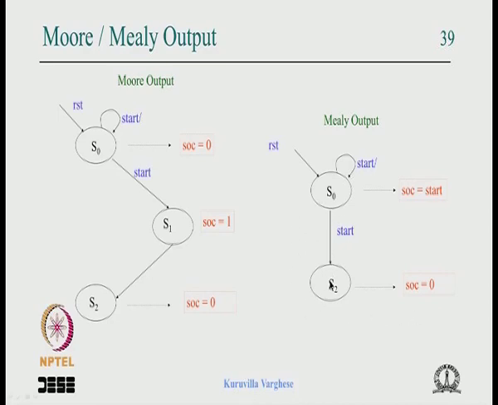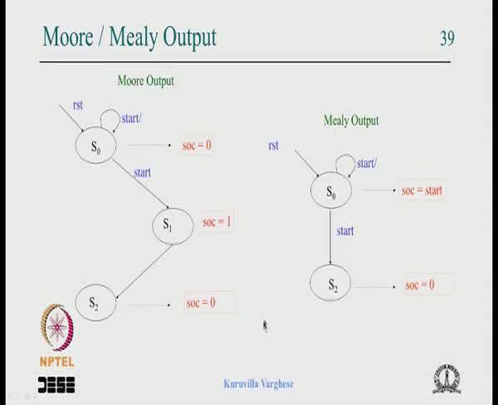Now you already get a picture of what can happen, and a clever student can already make out that there is an advantage: this particular state is knocked off and you get one state less. We are talking only about one output.